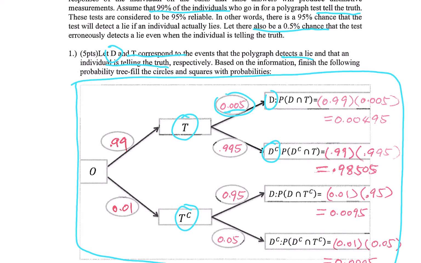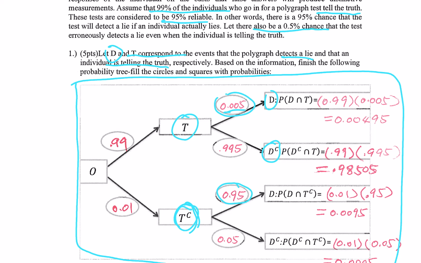Okay, so the same thing if the person lies, does not tell the truth. Then what is the chance? That's exactly what I mean by the reliability of the lie detector, right? So the lie detector has a 95% chance that the test will detect a lie whenever the person tells a lie. That's why we put 0.95 here.